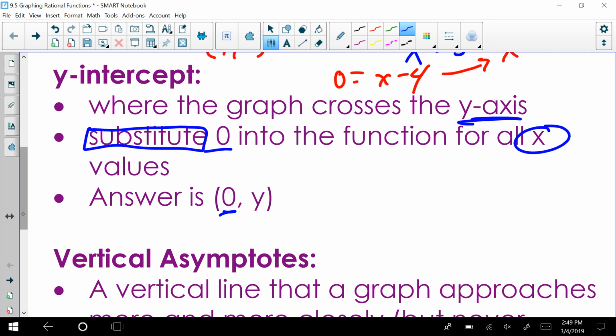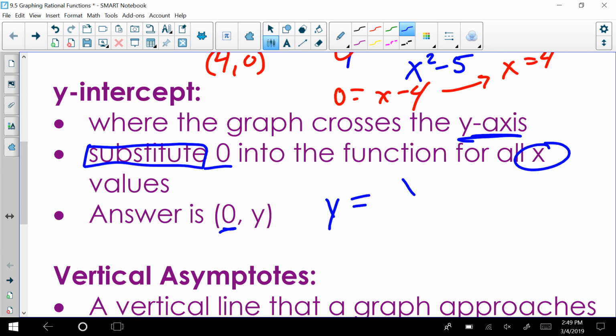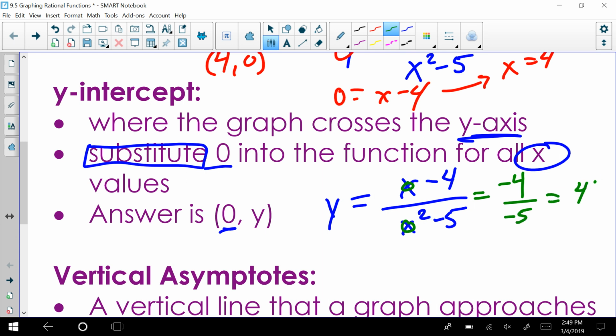On my last example, I had y equals (x minus 4) over (x squared minus 5). Plugging in zeros, I get 0 minus 4, a negative 4 up top. 0 squared is 0, minus 5 would be a negative 5. So my intercept would be negative 4 over negative 5, and we write it as (0, 4/5). We've done stuff like that before.